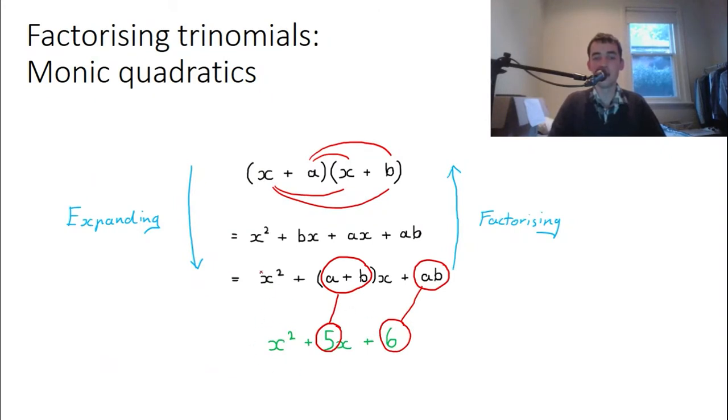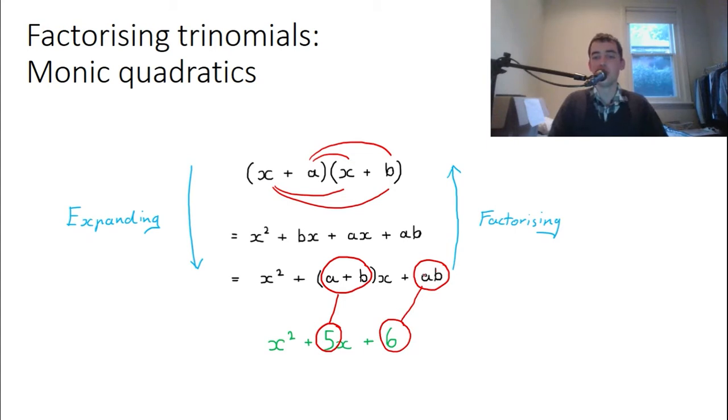I've got x squared here, that's the same. I've got something times x, and I've got just a constant term over here in both cases. The only difference is here I've got 5x, and here I've got this a plus b, and here I've got 6, here I've got a times b.